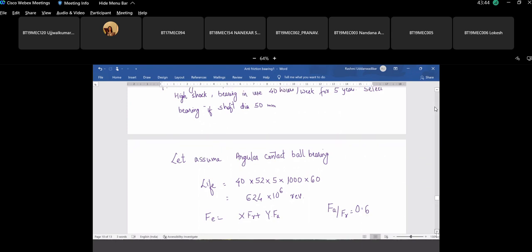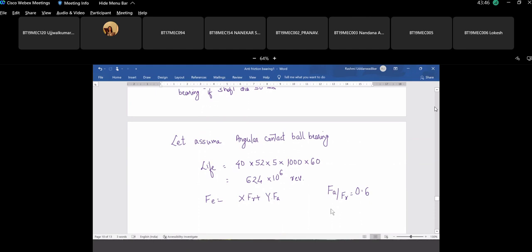Since we don't know which bearing we are selecting, let us assume 72B series, for which E is 1.14, and so FA by FR is less than E.